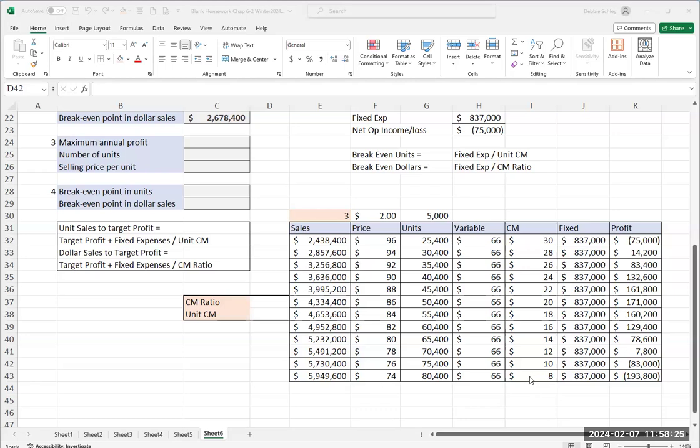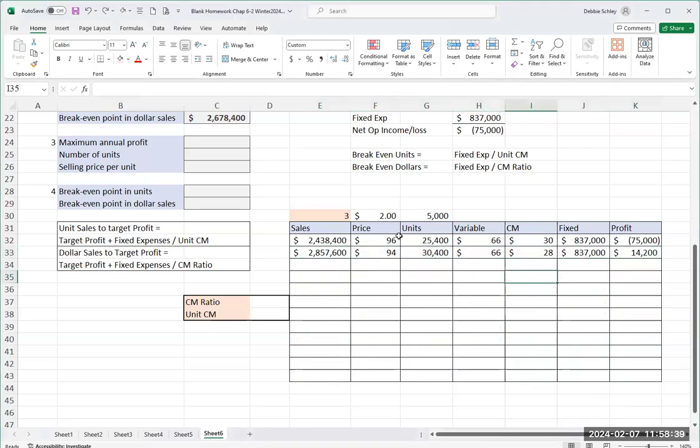Okay, I'm going to do this an even simpler way. What I meant to do, I'm going to delete this one, delete this one.